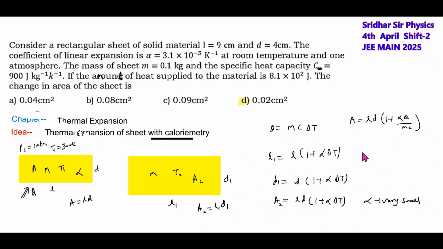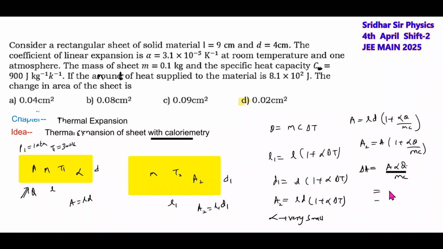The change in area they're asking. A2 is equal to A into 1 plus alpha Q by MC. Delta A, alpha very small, I'll write it here, delta A should be equal to A alpha Q by MC.